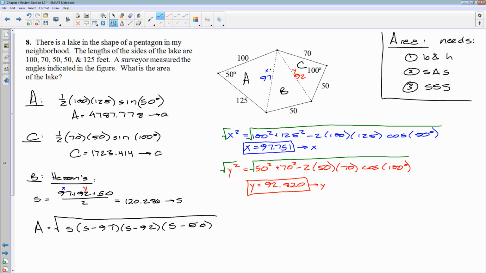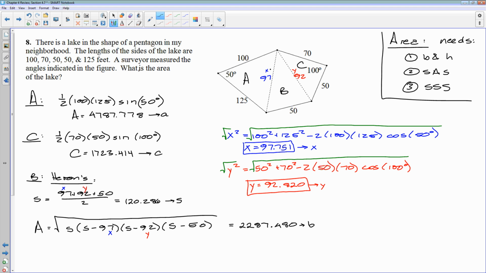And I'll punch that in the calculator. Again, remember I do have 97 stored for X and 92 stored for Y. So even though I'm writing 97 and 92, I'm typing in the calculator X and Y. So let me punch that in real quick. There we go. I punched all that in and I got 2287.480. And I stored that in my calculator for B because that does represent the area of B.